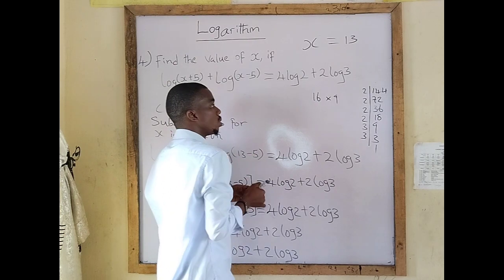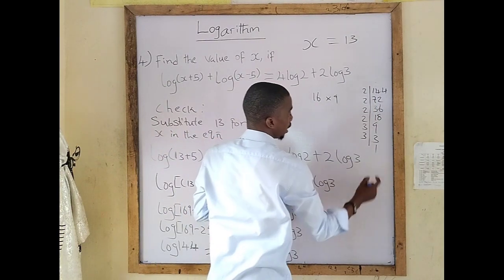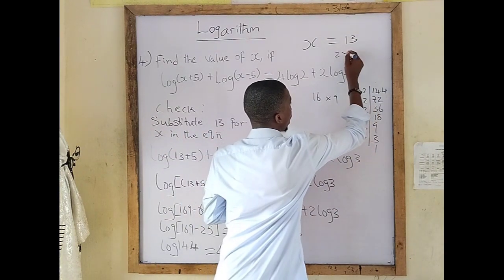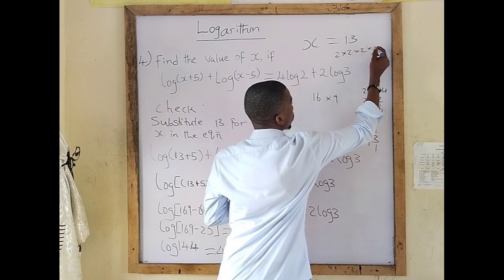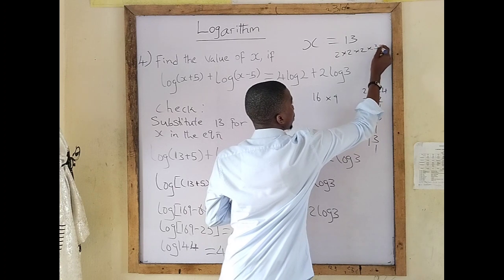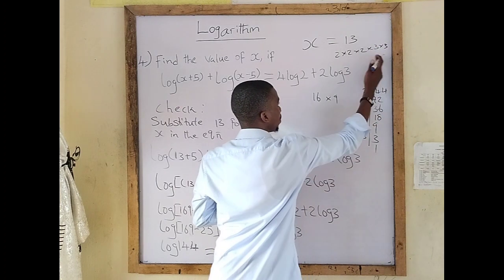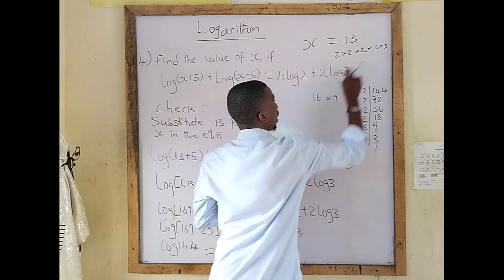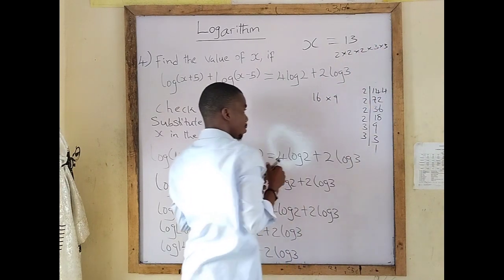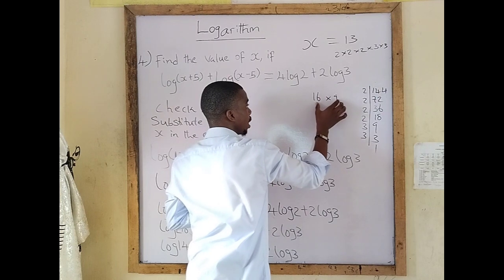Okay, so you know that from here, this was 2 times 2 times 2 times 2 times 2 times 2 times 3 times 3. These are all the prime factors, and if you multiply this it will give you 16, and this times this will give you 9.